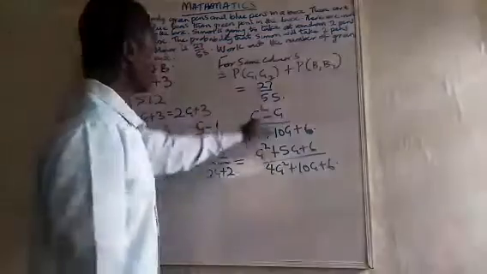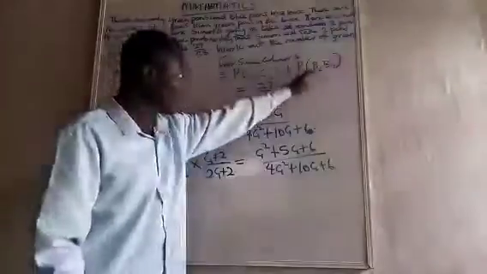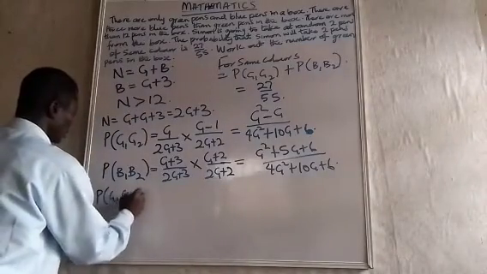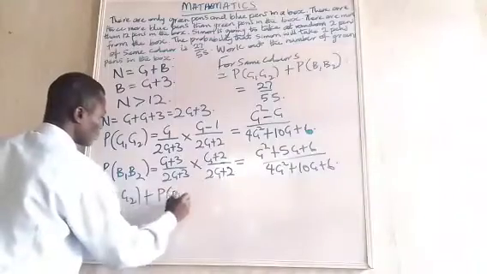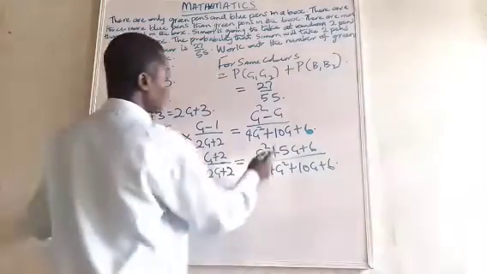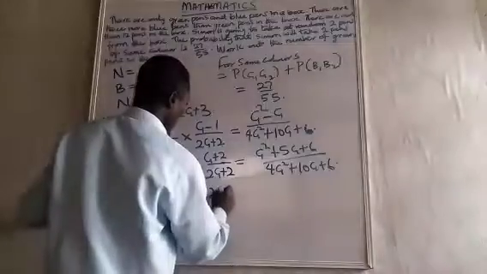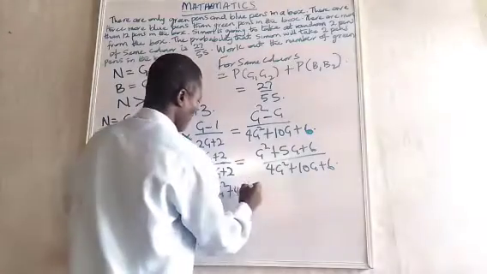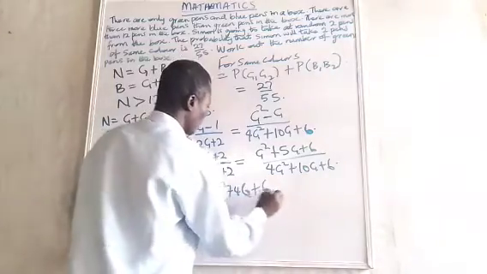So the addition of these two is going to give us 27 over 55, you see. So we are going to have P, G1, G2 plus P. So we are going to have 2G squared plus 4G plus 6.